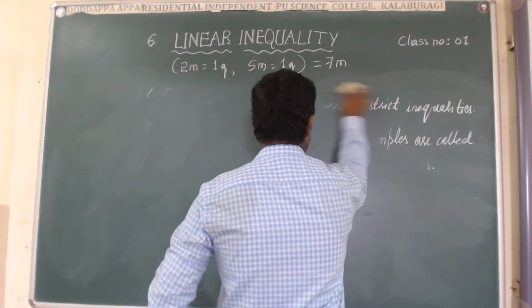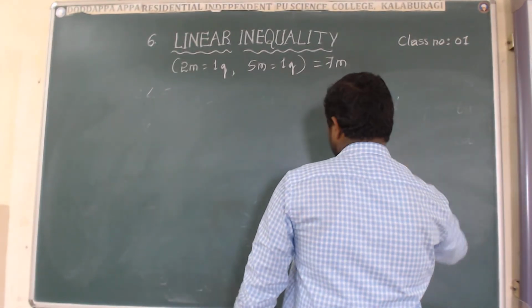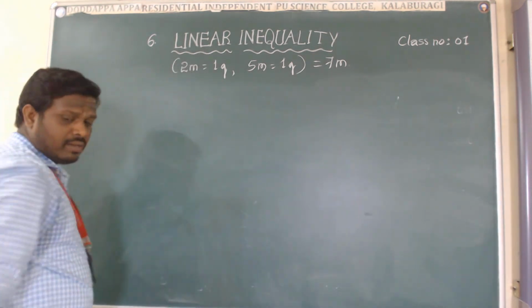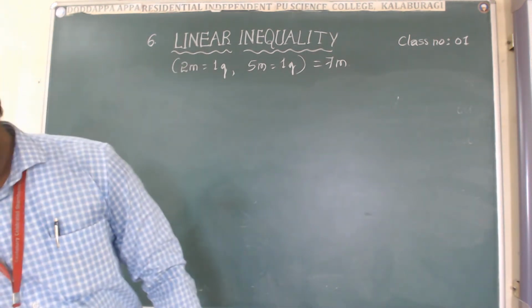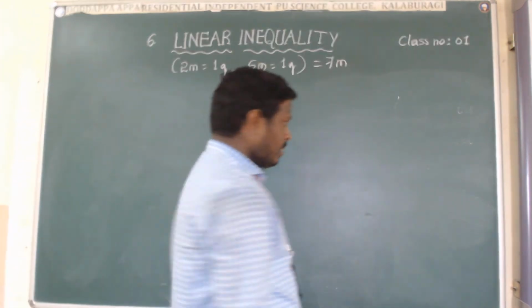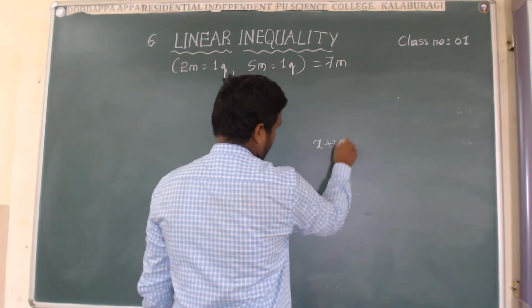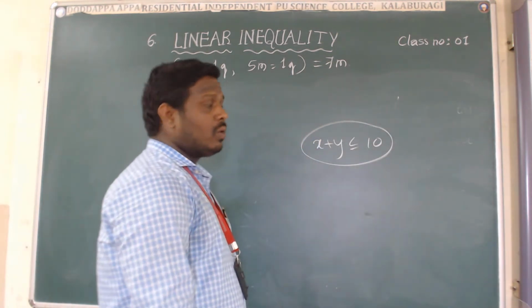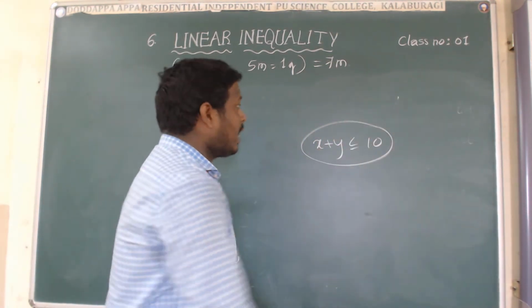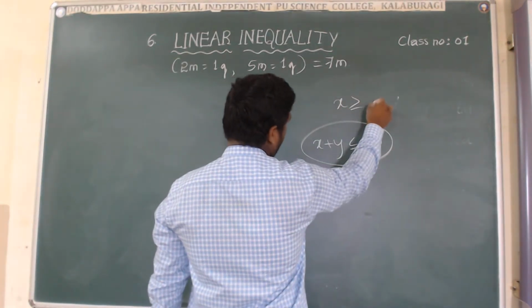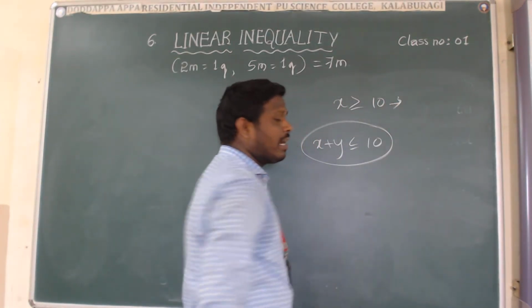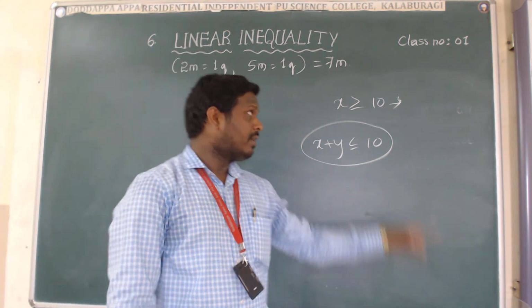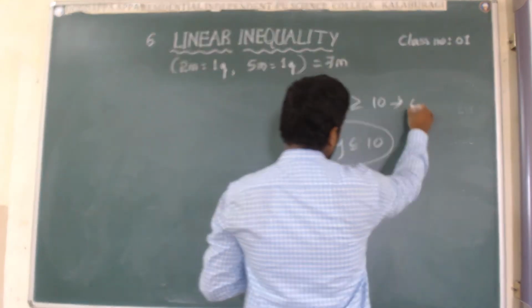That is, x plus y is less than 10 is called a two variable inequality, and x is more than 10 is called a one variable inequality.